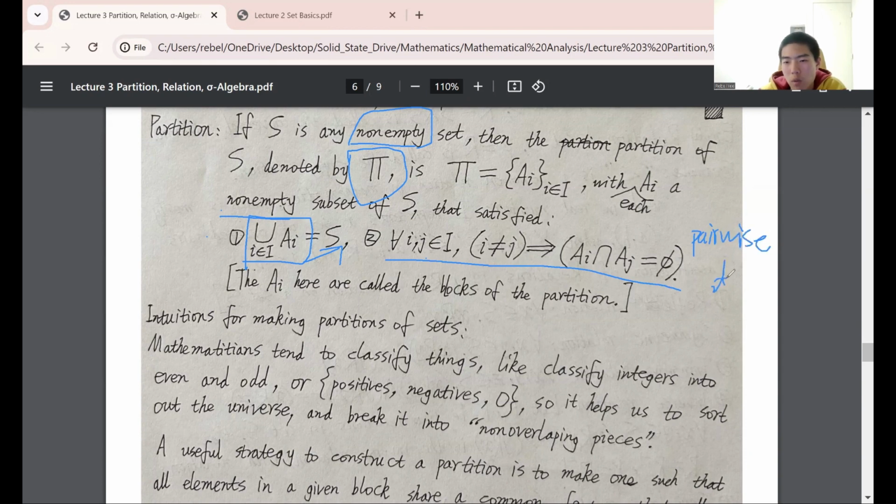We talked about disjoint before, and we mentioned a little bit about pairwise disjoint. Pairwise disjoint is just like, you can see here, it's not only two, but a lot of sets. But for any i not equal to j, Ai intersection with Aj is equal to the empty set. So that's its definition.